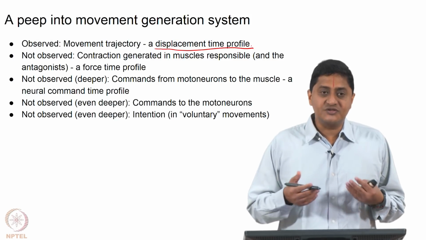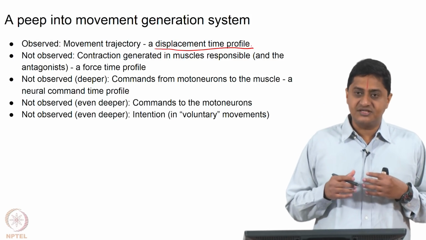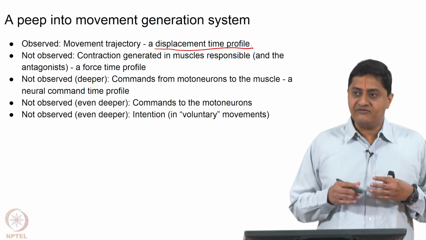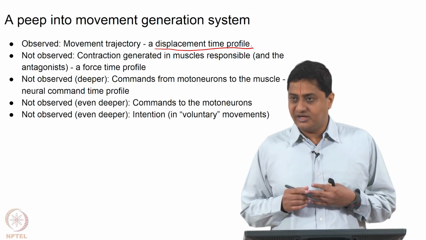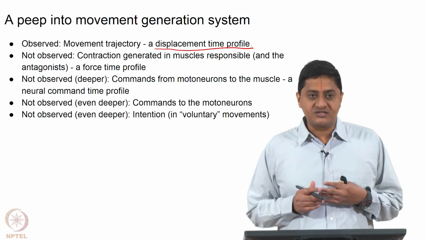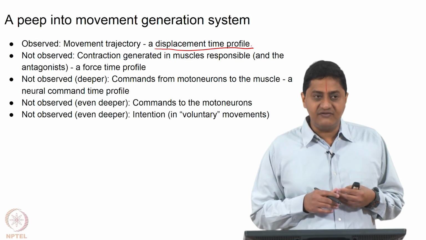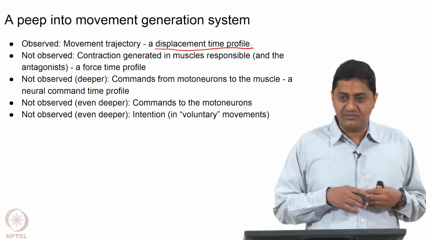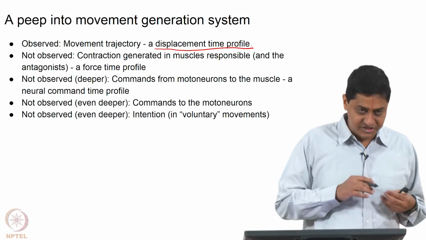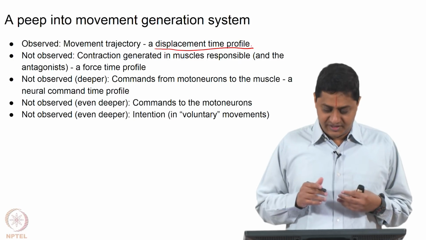But we also said that if I want to have a smooth ending to a movement, I need to also produce contraction or activity in the antagonist muscle, the muscle that is producing the opposite action, so that I can have a smooth ending.